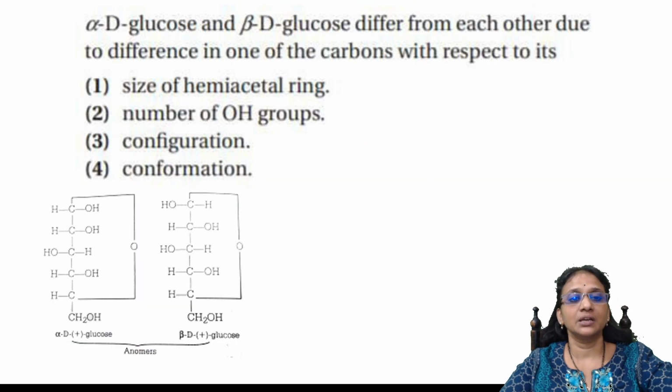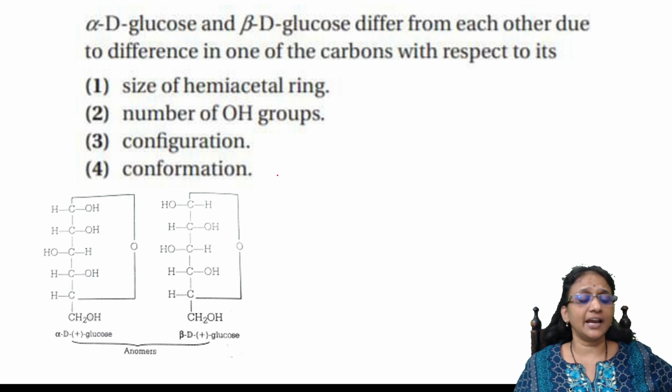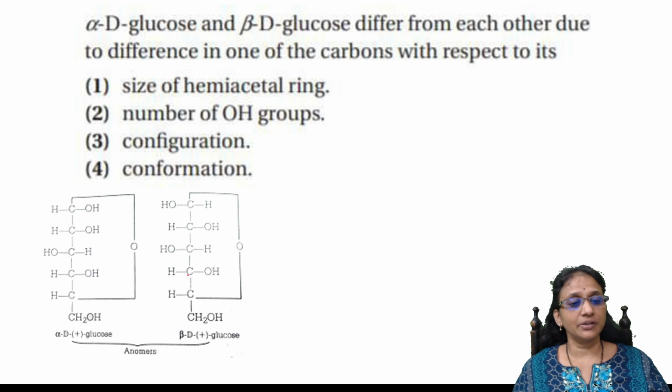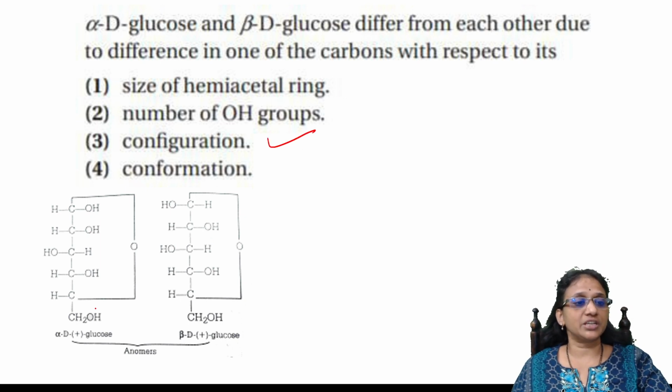Next question. Alpha D glucose and beta D glucose differ from each other due to difference of carbons with respect to, okay, we have alpha D glucose, we have beta D glucose. What are the differing? Remember, students, they are going to differ in terms of configurations. Why? You check here.